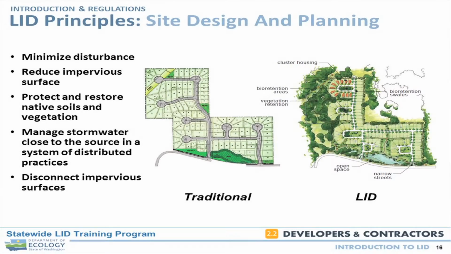One of the things we'll talk about when we look at the difference between LID and traditional planning is you see these two different site plans. On your left would be a traditional development that we would probably see more commonly pre-2000, but an LID development is going to have a very different look and feel.